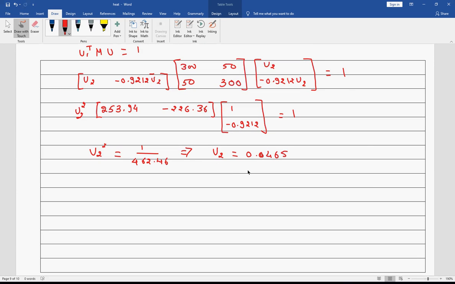Okay, so I'm going with the mode shape. So U2, this I got.